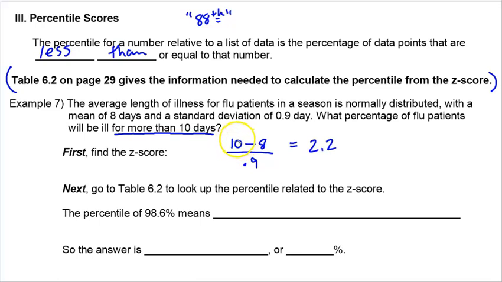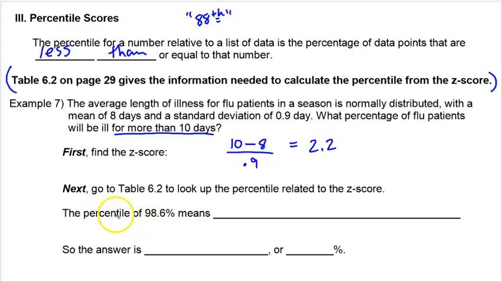Let's take a look. If we look up a z-score of 2.2 in the table, you will see a percentile score of 98.61, but we will just round that to 98.6.